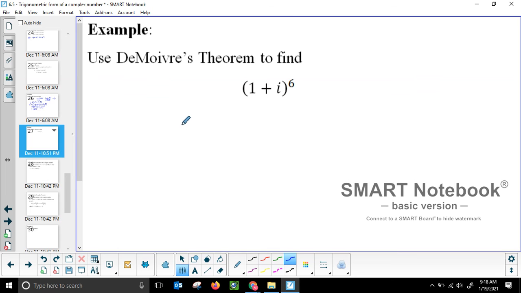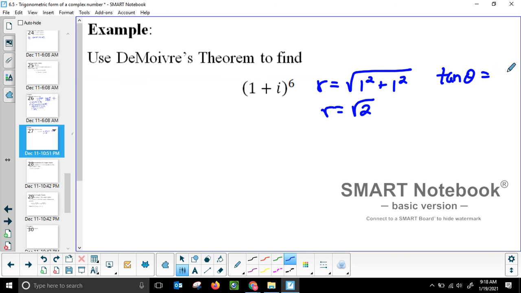Let's go ahead and try this again. We can again say r is equal to the square root of a squared plus b squared. So this is just going to be the square root of 2. Tangent of theta is going to equal b over a. That's just 1.